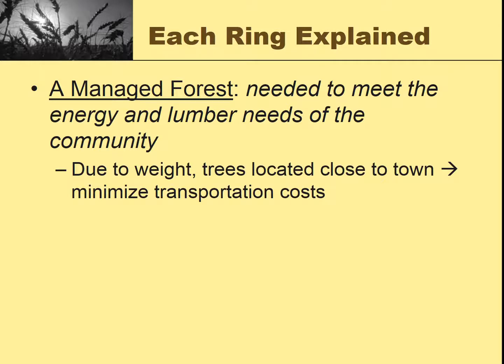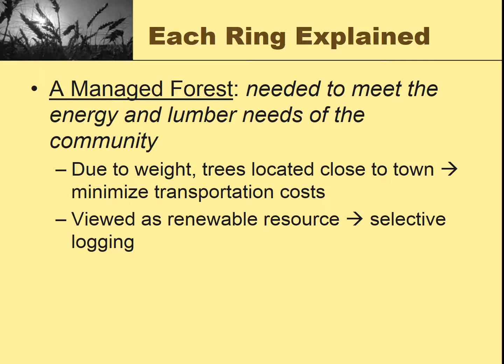Due to its weight, trees are located close to the town to minimize the very expensive transportation costs. We must view a managed forest as a renewable resource, because we're not cutting down all trees. We're selectively logging based on age and how far apart the trees are, to allow for the forest to grow and be sustainable.